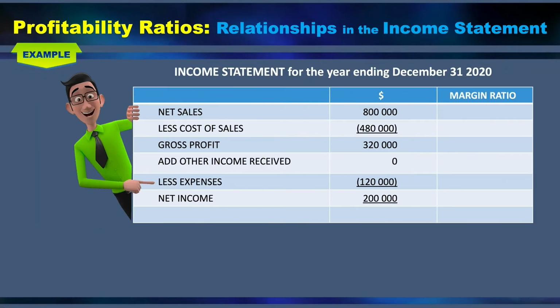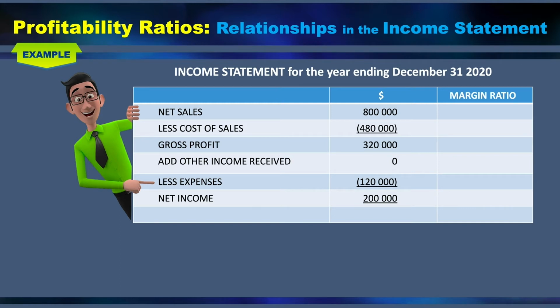So we are going to further emphasize the use of these ratios by an example. We have an income statement for the year ending December 31st, 2020. The man in green is our owner. And you would see that this business has net sales of $800,000, less a cost of sales of $480,000.